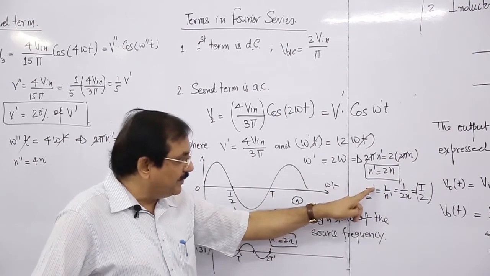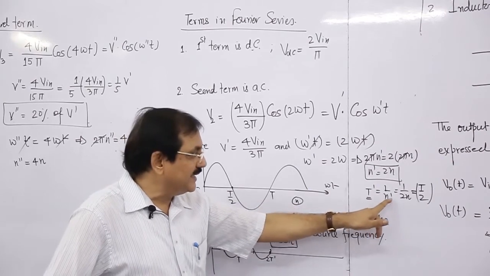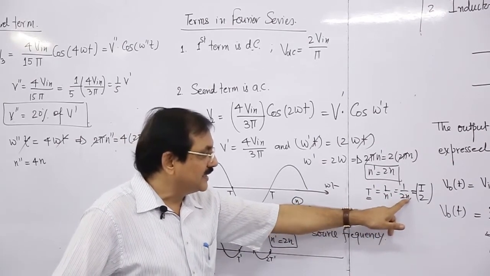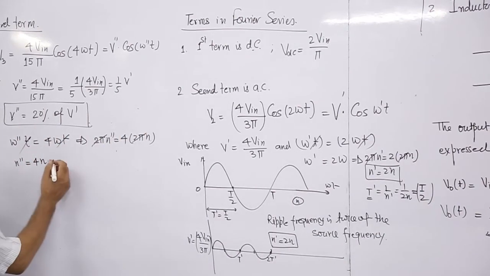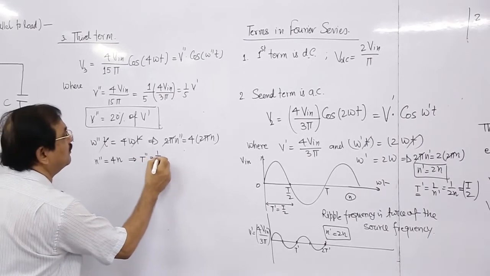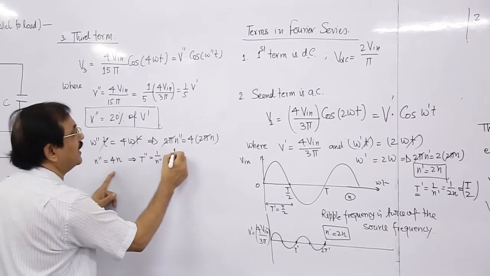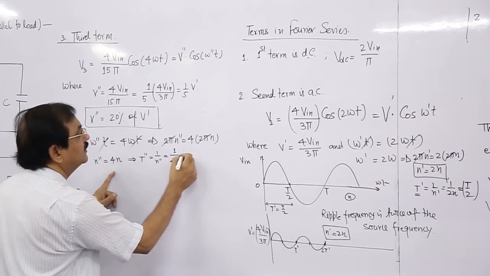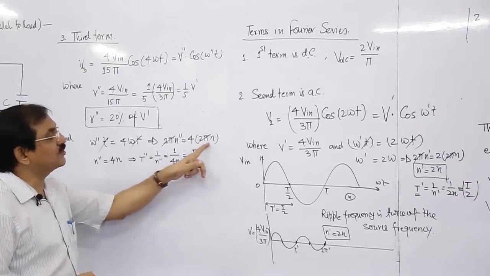Similarly, the time period t dash is equal to 1 by n dash, that is 1 by 2 n, that is t by 2. Here what will happen? This t double dash is equal to 1 by n double dash, that is 1 upon 4 n, that is t by 4. T double dash is equal to t by 4.